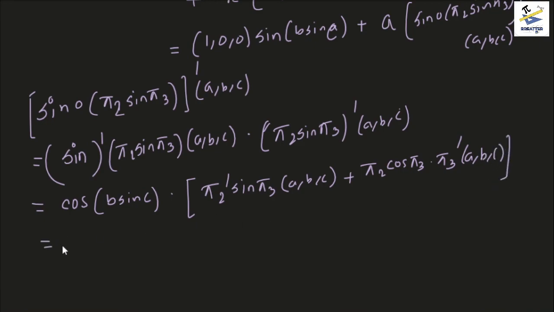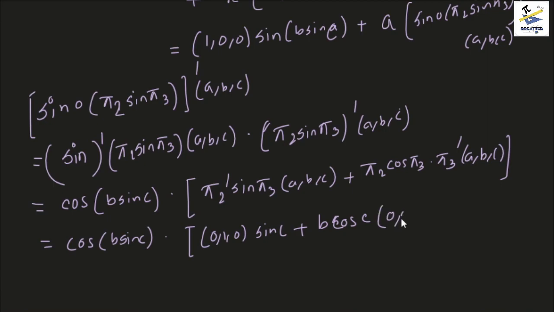Okay, so this gives us cosine of b sine c multiplied by 0 comma 1 comma 0 into sine c, plus b cos c into 0 comma 0 comma 1.